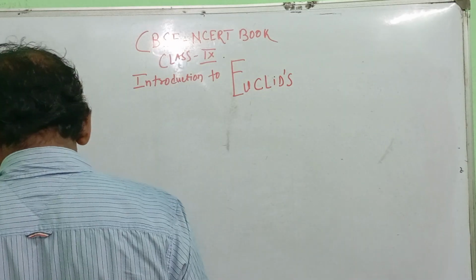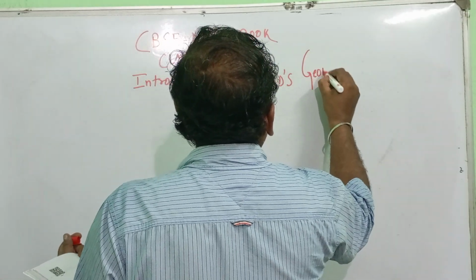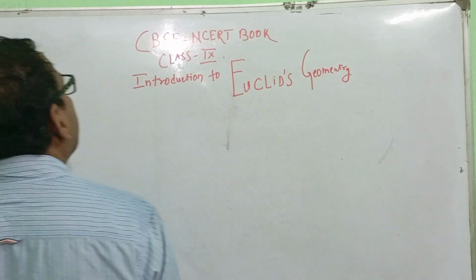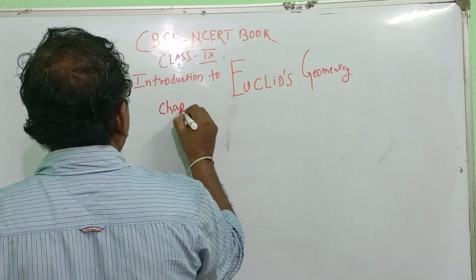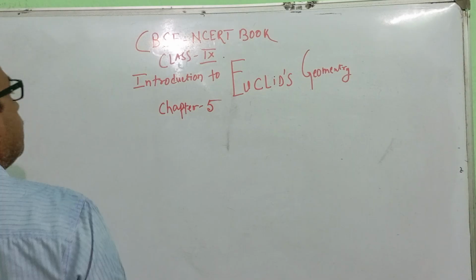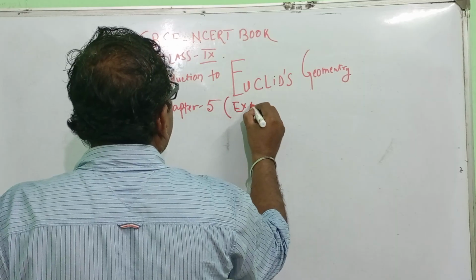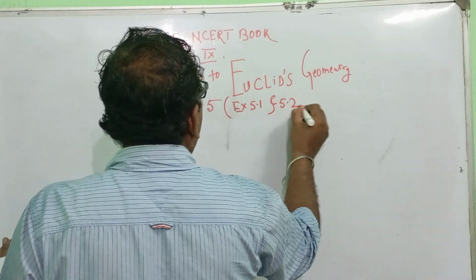This is geometry, and it is chapter 5. It has two exercises, exercise 5.1 and 5.2.